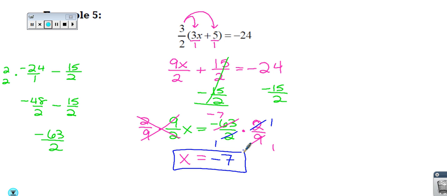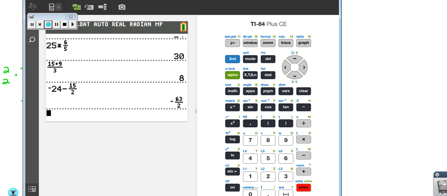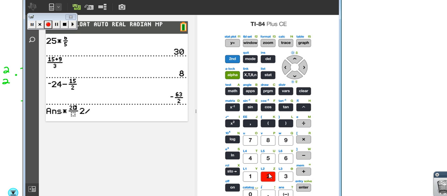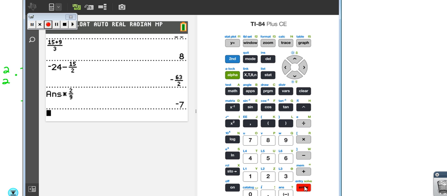Or again, we can go back to our calculator, and we are taking negative 63 and we are multiplying it by 2 over 9. Let me use a fraction. So 2 over 9. And hopefully we do get negative 7.